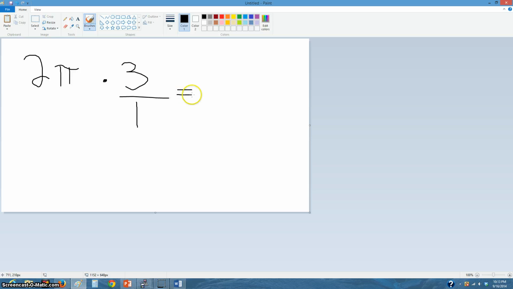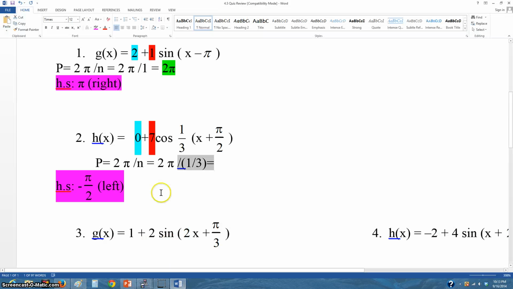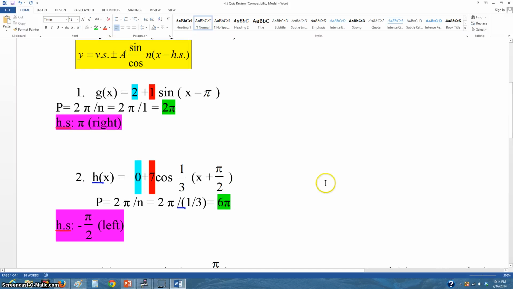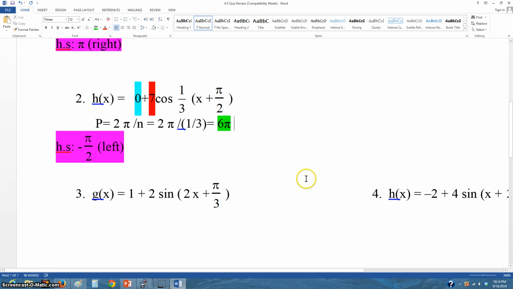And if I multiply everything, this 2 pi is the same thing as saying 2 pi over 1. 2 pi times 3 is 6 pi over 1, or simply 6 pi. So in this case, it equals 6 pi. And that would be my period. Okay, that's number two.